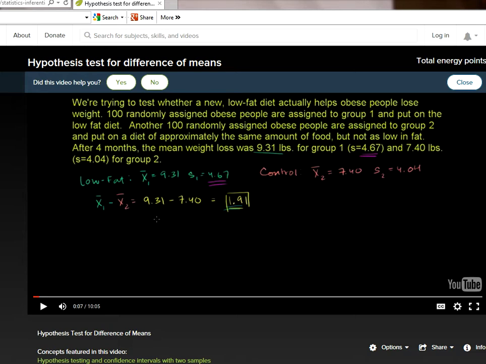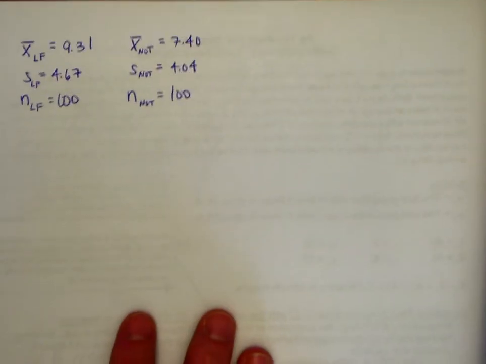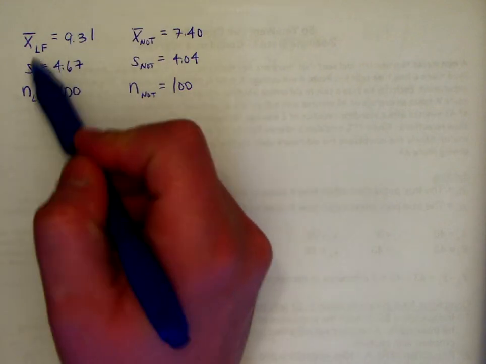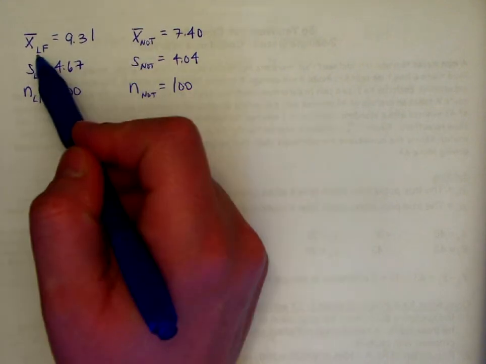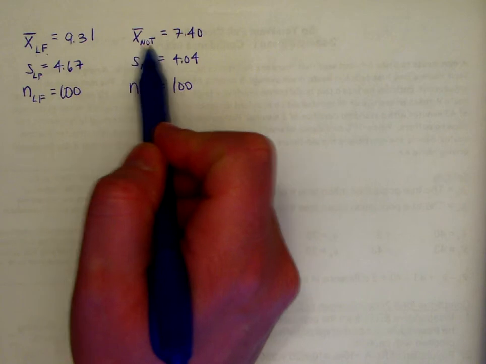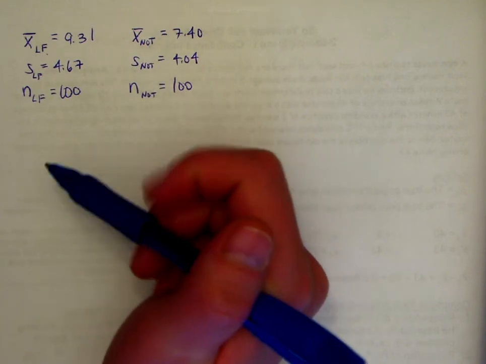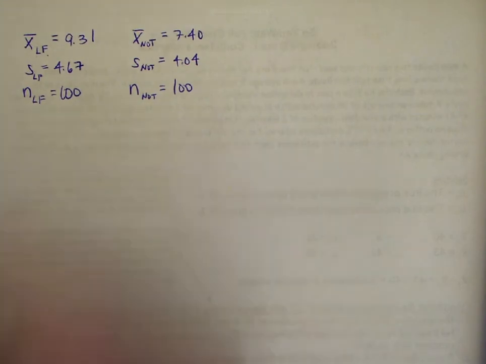So I took that information and I've already written that down. So let's see what we've got here. Okay, so we'll kind of come back. I used my notation for group 1 and group 2 was low fat and not low fat diet. So I got the X bar, the S from the problem. And now I do need a difference.